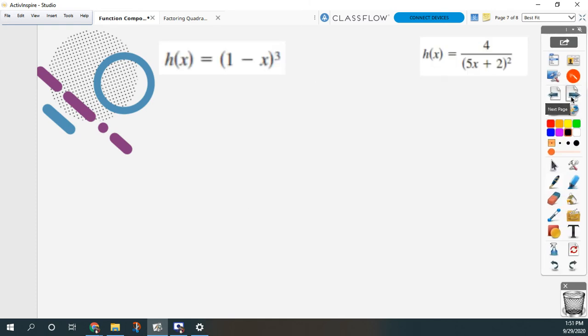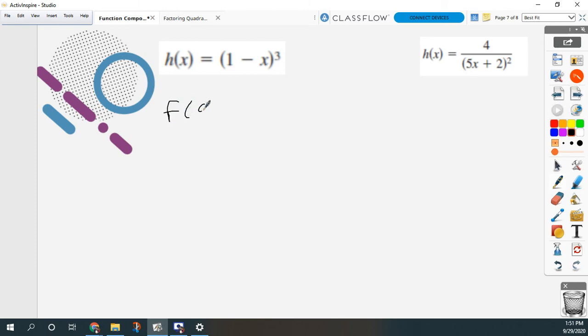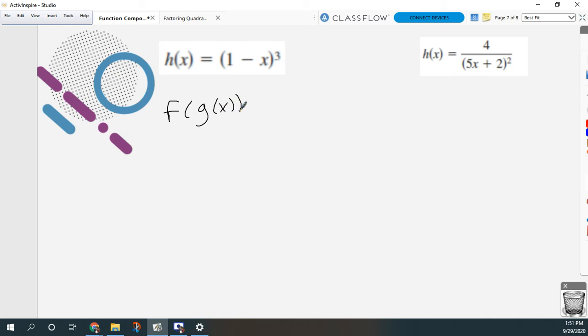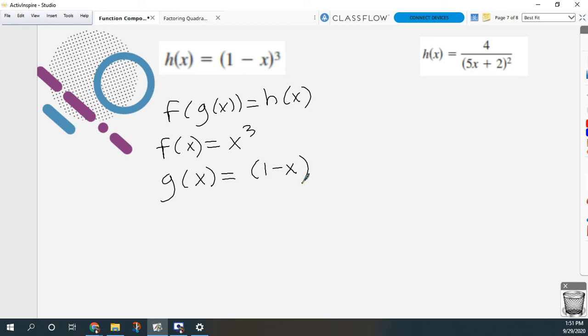Alright. On our next one, again, I want us to find some examples of how to break this apart. So if I'm wanting for f of g of x to give me h of x, notice that we could take f of x to be x to the third, and g of x would be 1 minus x.